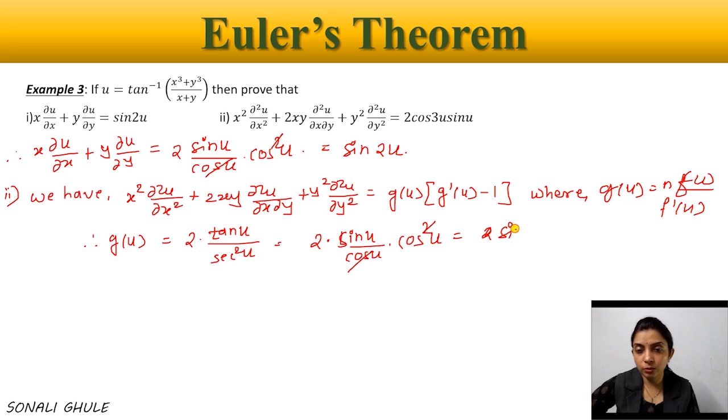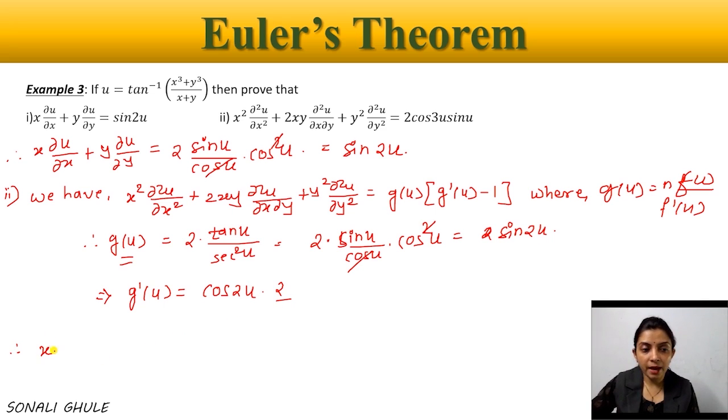Yes, not 2, it is sin 2u. Okay, right? So I have to use here this value of g of u. g of u is what now? Sin 2u. Okay, so from this, can I find g dash of u? Yes, what is g dash of u? Derivative of this sine. And what is the derivative of sine? It is cos 2u into 2. Okay, so I hope you all understand.